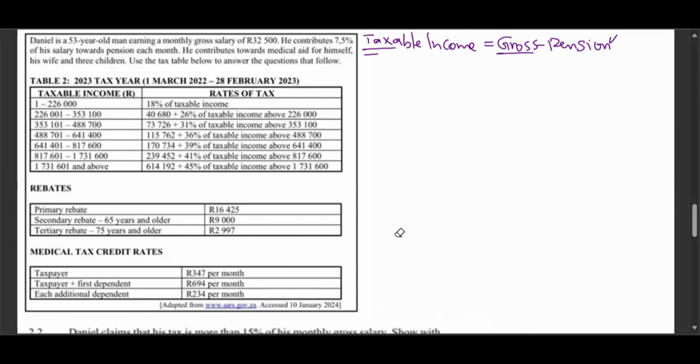The gross salary, the annual gross salary, that's what you're looking for. Remember, he gets 32,500 times 12 minus the pension that we've just got, 29,250. So you multiply and we find out the answer there.